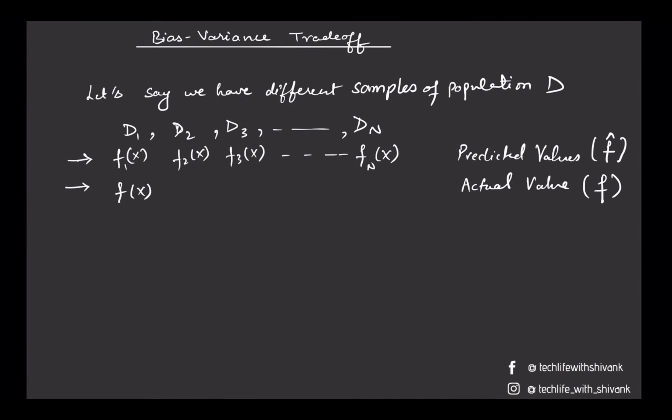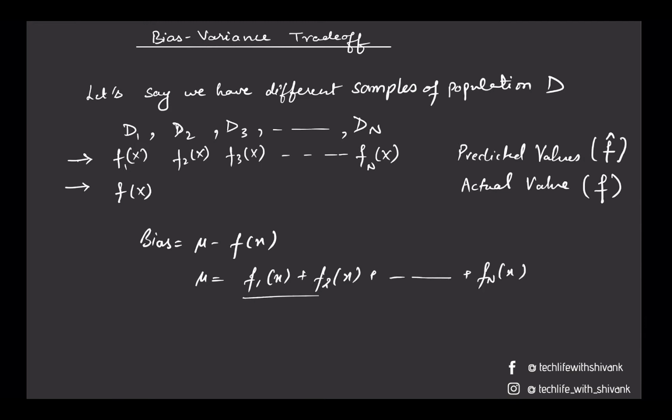So the bias is defined as mu minus Fx, where mu is the average, or you can say expected value of Fx.